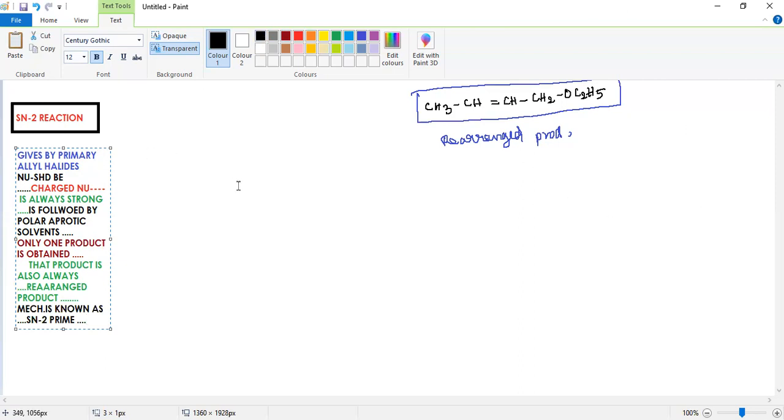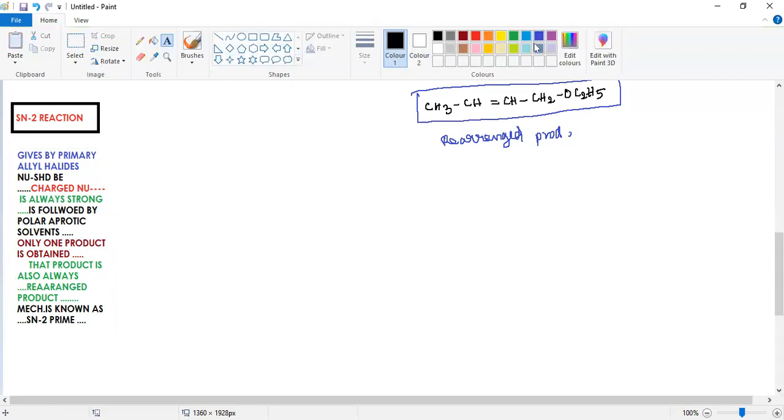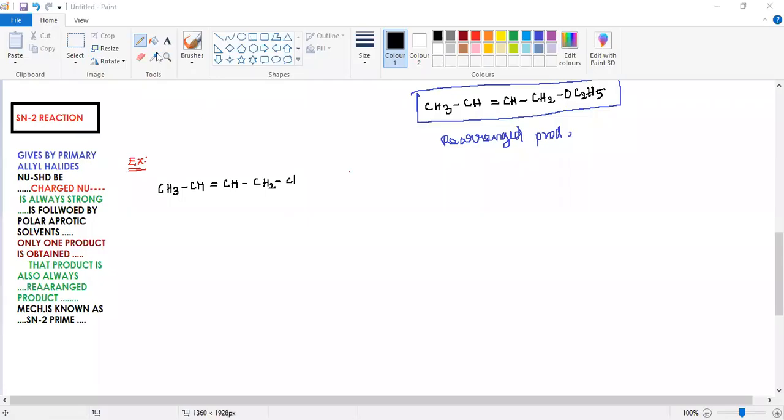Let us see an example for this one. After that we can give the mechanism also. Here I am going to write the example. See beta, here what type of example have I taken? This is chlorine, like a leaving group, meaning a halogen atom attached to an sp3 hybridized carbon next to the carbon-carbon double bond.